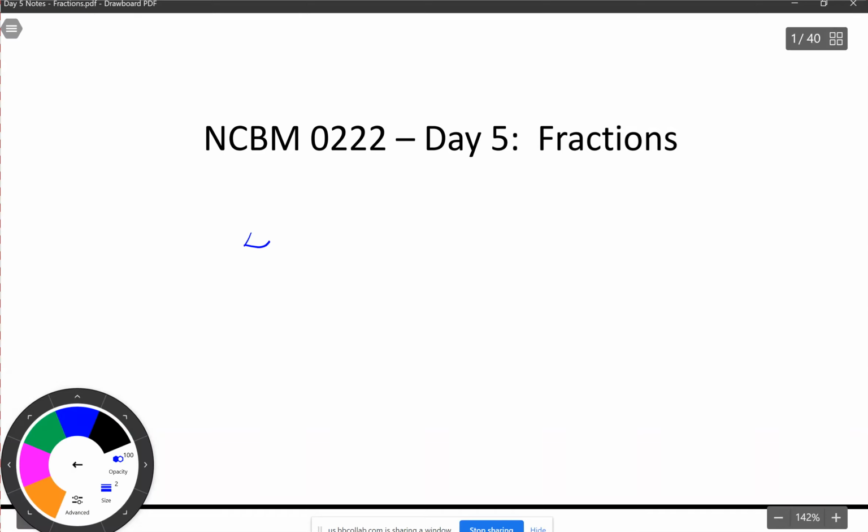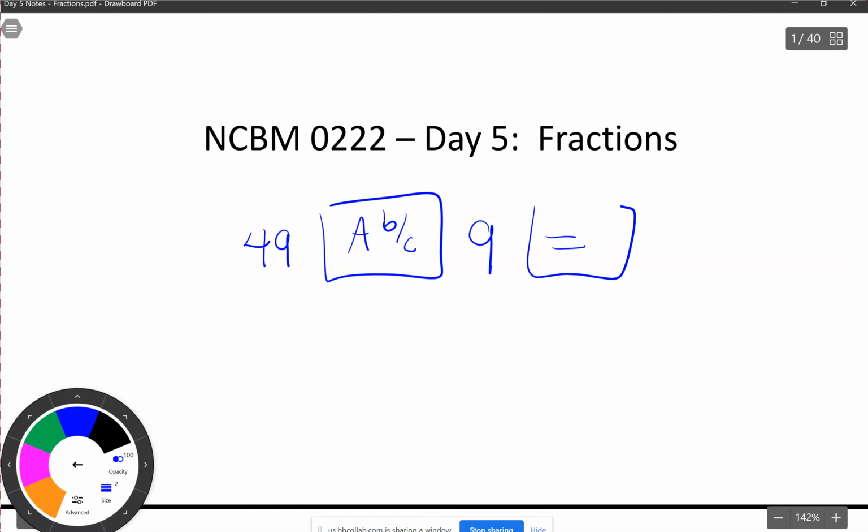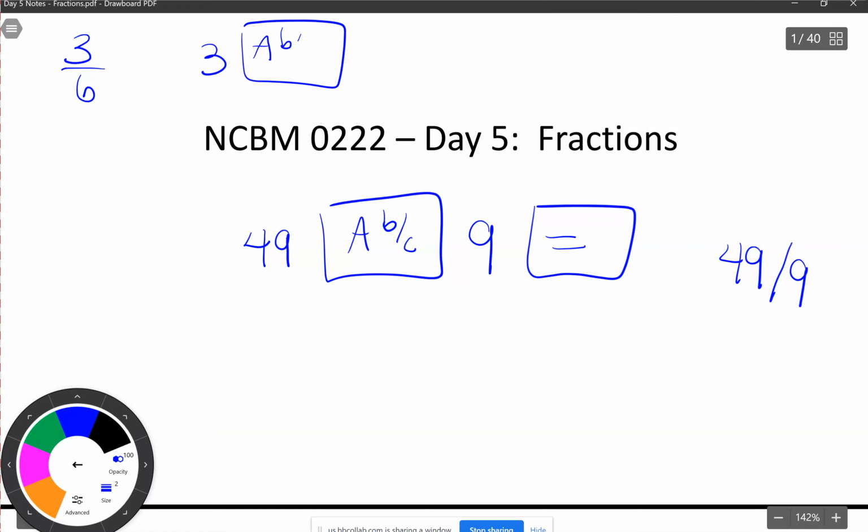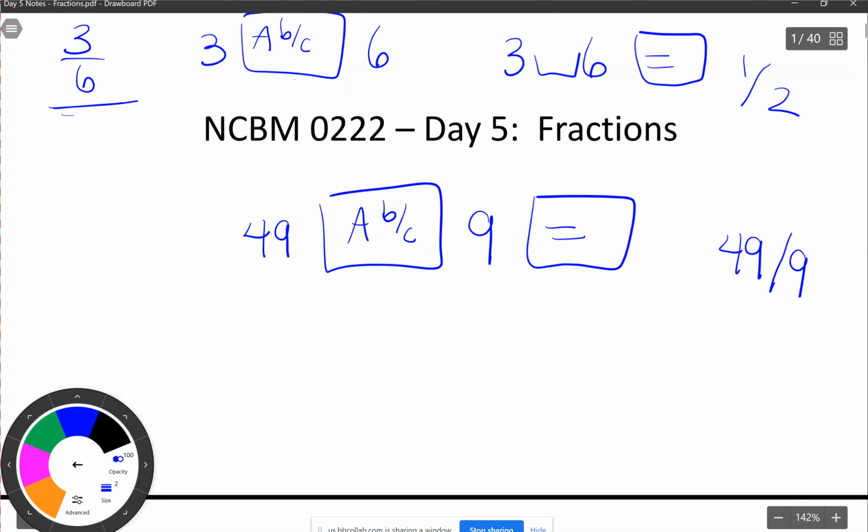Okay. So just to clarify what I was saying, if I did 49 and then I did my fraction button, 9, and then I hit equal, on my screen it's going to show 49 out of 9 because it doesn't reduce. But if I have like 3/6 and I do 3 fraction button 6, so it enters my screen like this, and then I hit the equal button, it's automatically going to reduce it to 1/2 because 3/6 does reduce, but 49 out of 9 doesn't reduce.